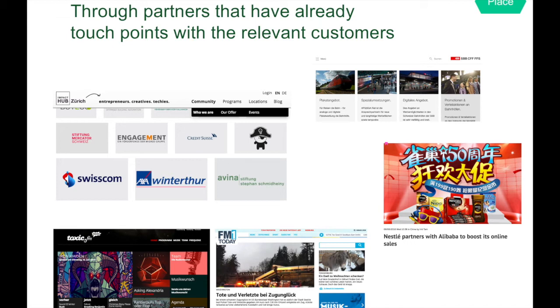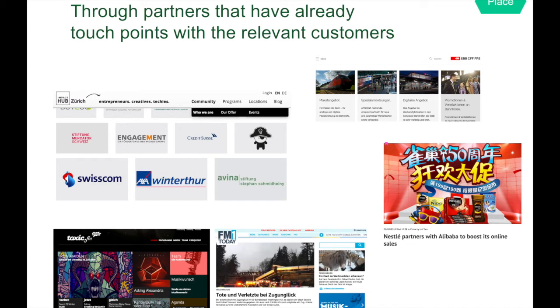So SBB is another company that allows many partners to bring their events or activities onto their platform, into their stores, into the displays, because if there are attractive destinations to visit, more people will more often use the train. So again, some kind of win-win situation.